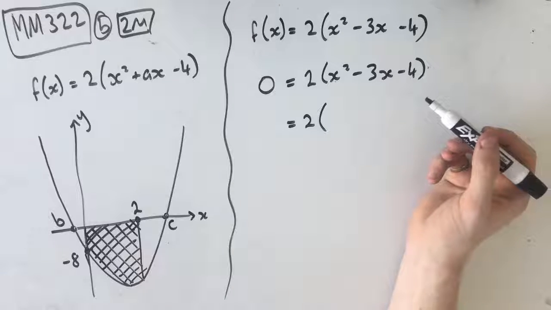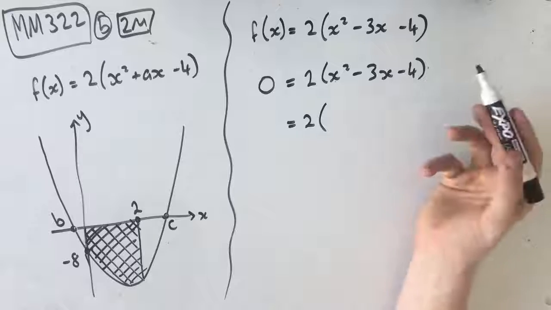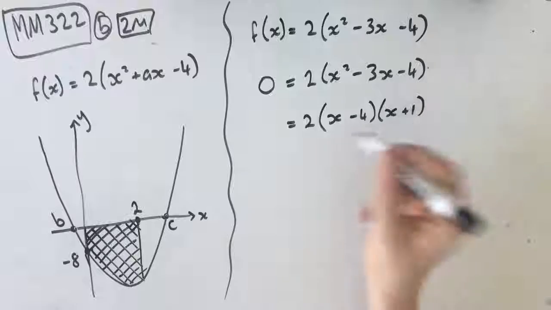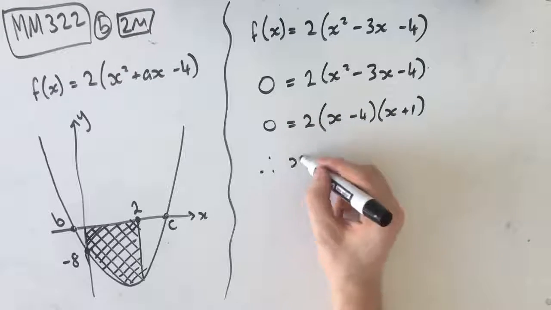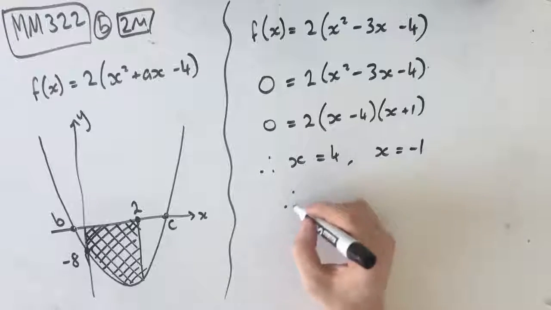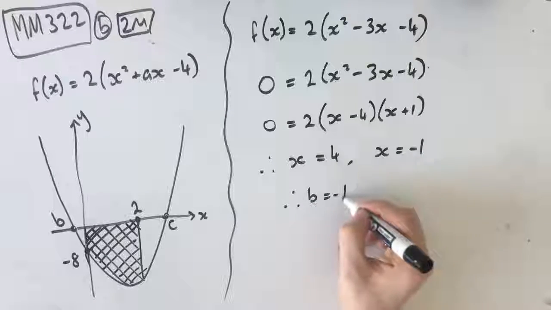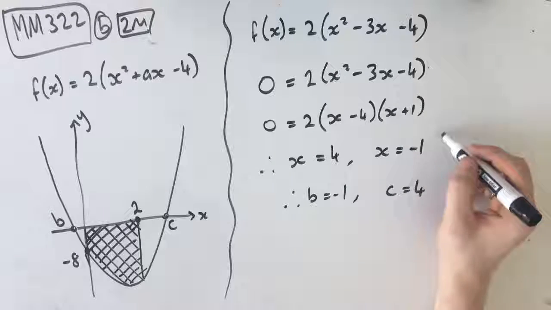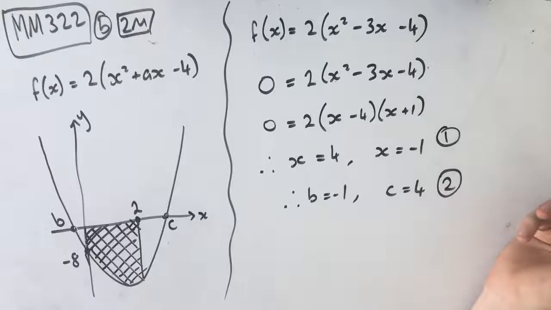So then we get negative 4 and 1. So we get x take 4, x plus 1, which means that x is equal to 4 and x is equal to negative 1. So therefore, b equals negative 1 and c equals 4. So your first mark is probably here, and then your second mark is your actual answers.